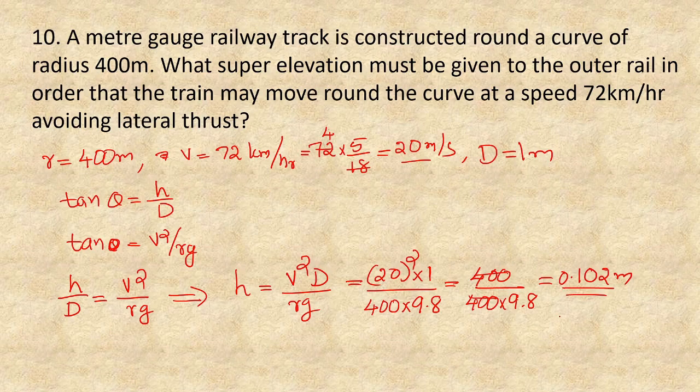That is the super elevation, so that is equal to 10.2 centimeter. Okay, so this is the required super elevation that must be given to the outer rail.